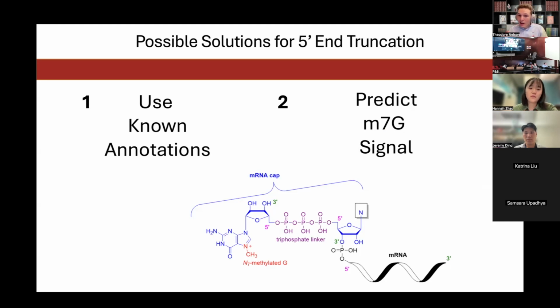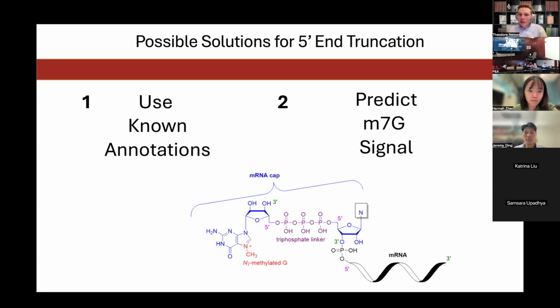And then the second strategy would be to try and predict, right? We said we wanted a technology that would allow us to predict epitranscriptomic signals. And the cap of RNAs is itself an epitranscriptomic signal with a very defined pattern, at least for eukaryotic mammalian caps, for those different modifications.